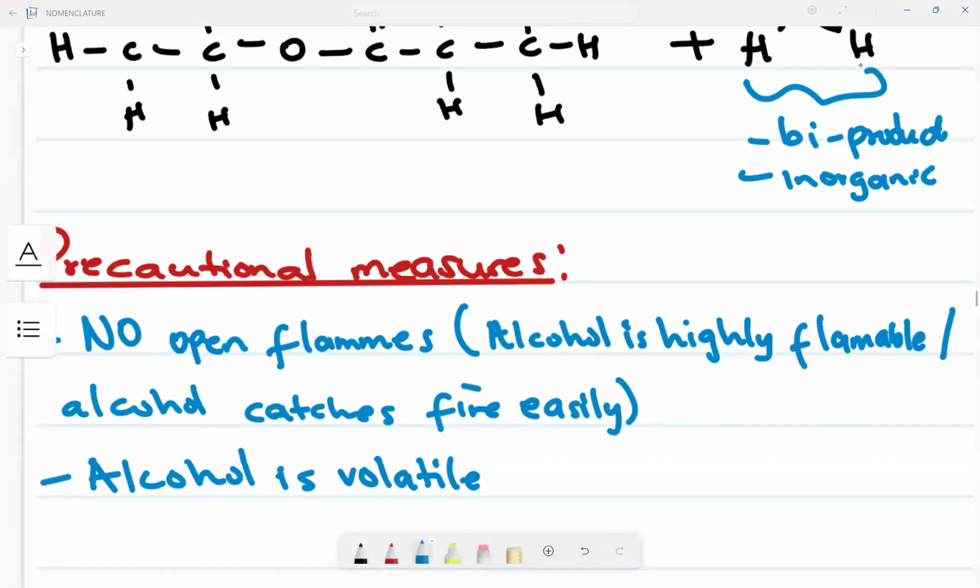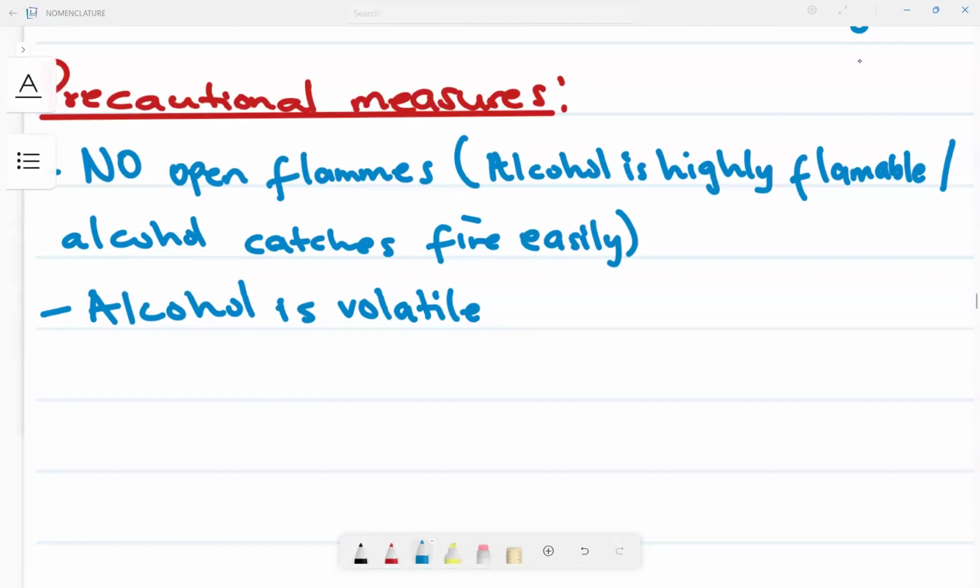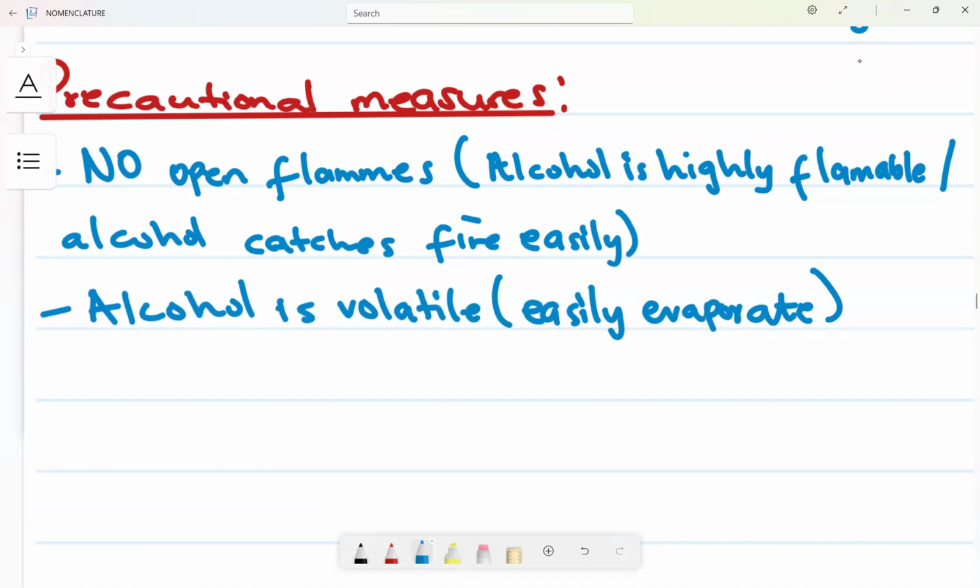Volatile means it evaporates faster, or evaporates easily. So those are two measures that you need to know.